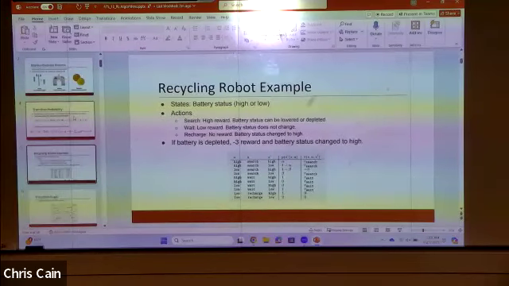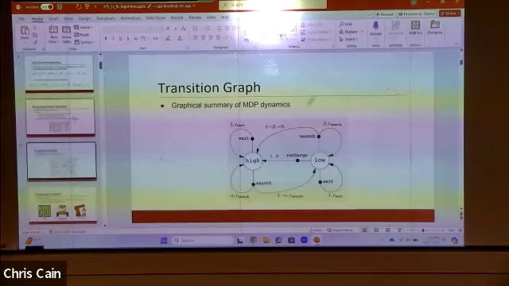We talked about the recycling robot, about the level of battery, the actions that it could take, and probabilistically changing the amount of charge on the battery. We looked at an example of a transition graph, what that would look like. So the states were just the state of the battery, and the transitions were the actions that the robot could take. And probabilistically, you would find yourself back in the same state or in a different state.